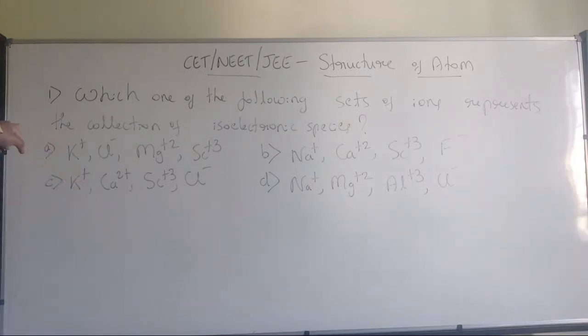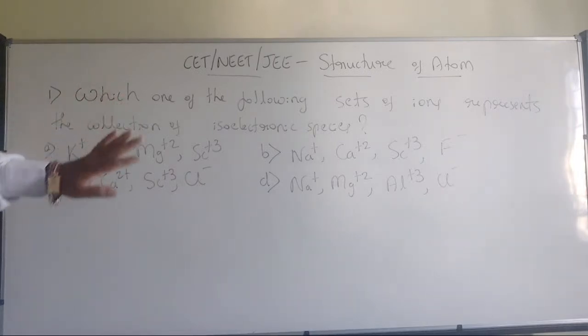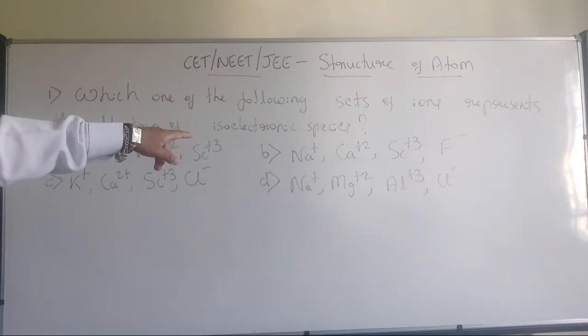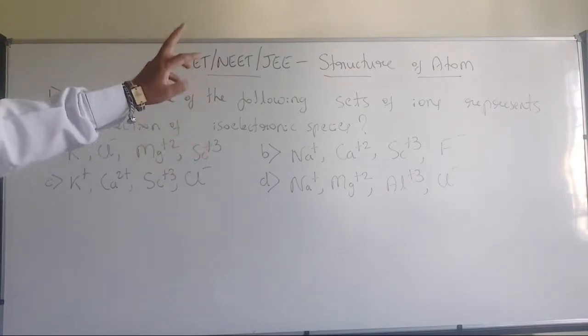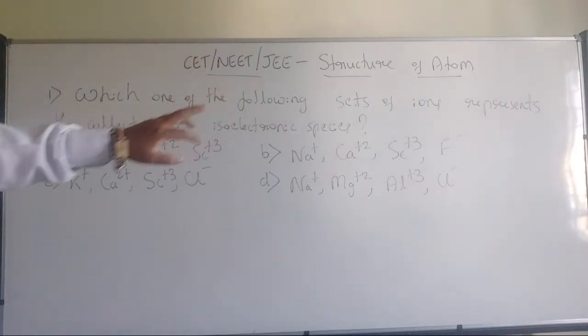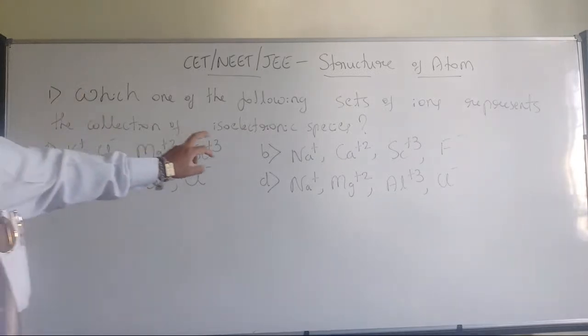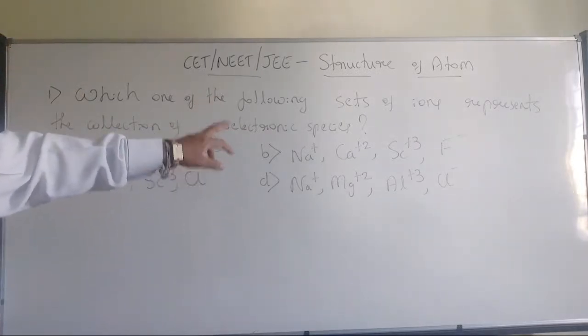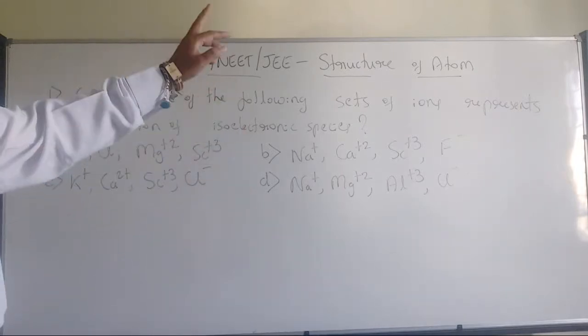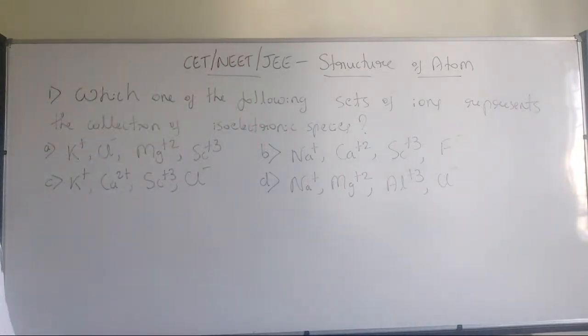Option A is K plus, Cl minus, magnesium plus 2, scandium plus 3. Option B is Na plus, calcium plus 2, scandium plus 3, F minus, fluoride. Option C, K plus, calcium plus 2, scandium plus 3, Cl minus. And option D is Na plus, magnesium plus 2, aluminium plus 3 and Cl minus.